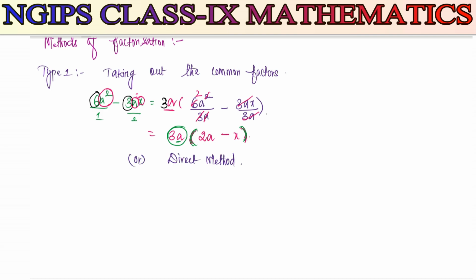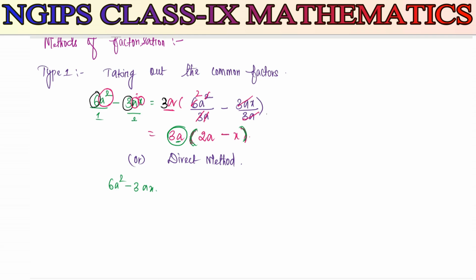I have taken the same example here, 6a square minus 3ax. In this it can be easily seen that 3a is going to be the highest or largest expression which divides both the expressions 6a square and 3ax completely.